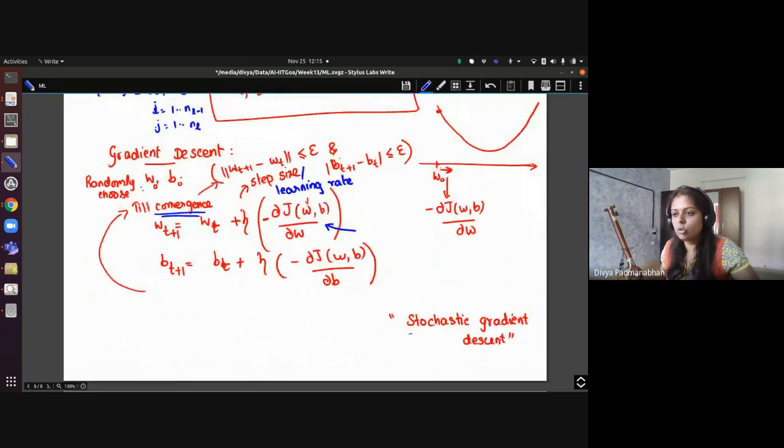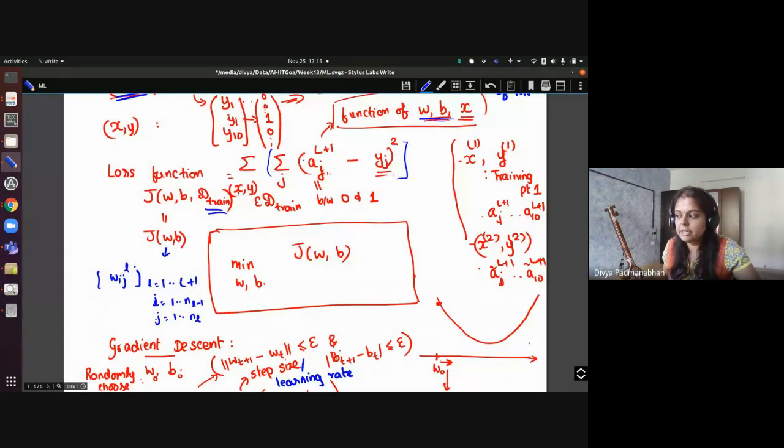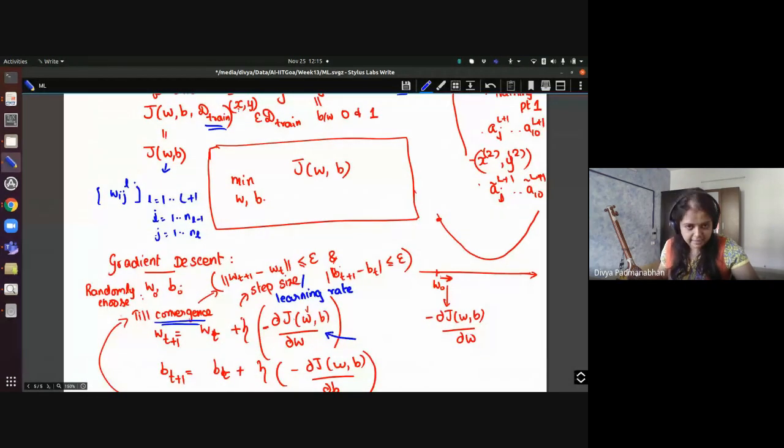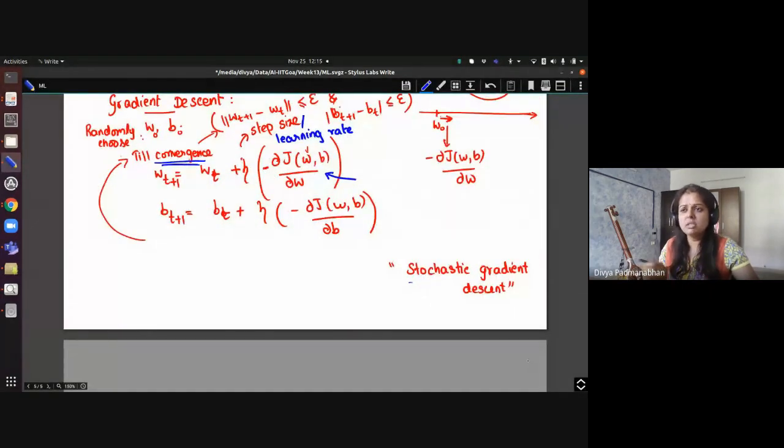Instead of doing this kind of an update where you consider every training point and compute the gradient for all of them, to get a little faster, because this can be very slow if your W is very large.